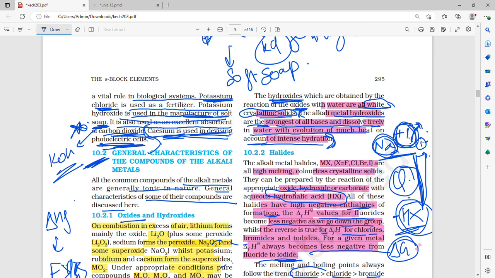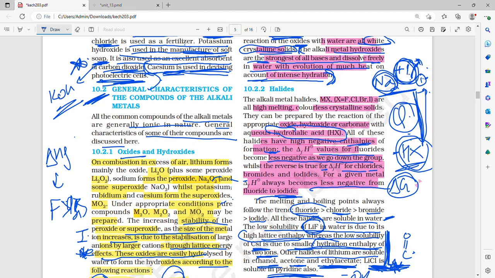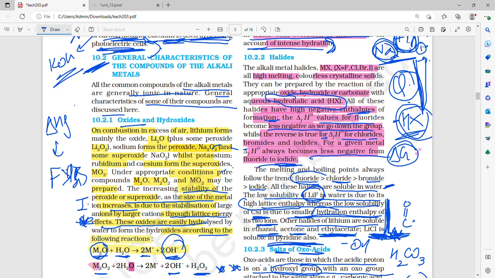The alkali metal hydroxides are the strongest of all bases. They dissolve freely in water with evolution of much heat on account of intense hydration.